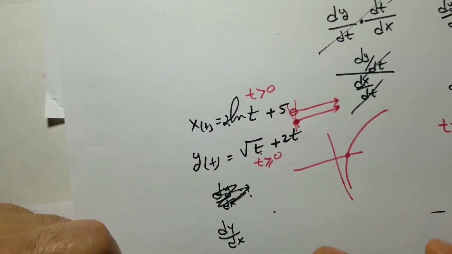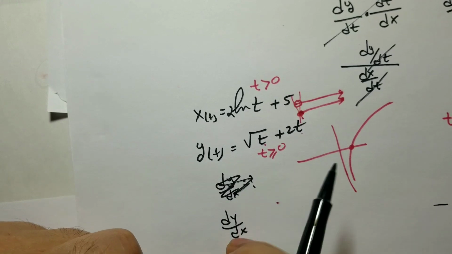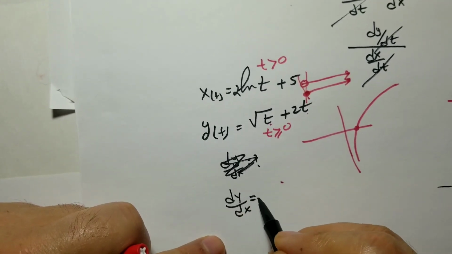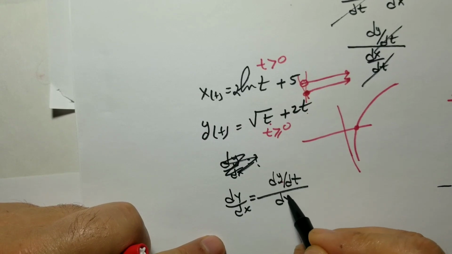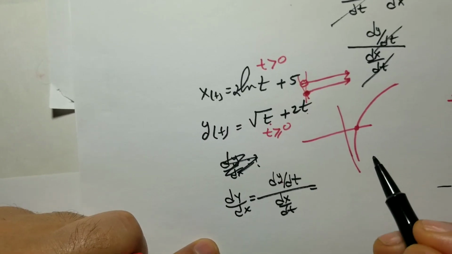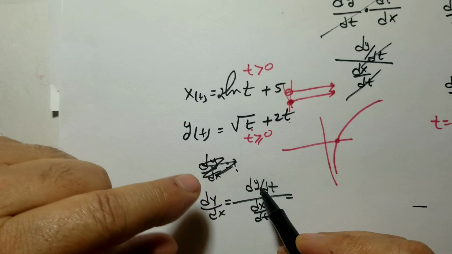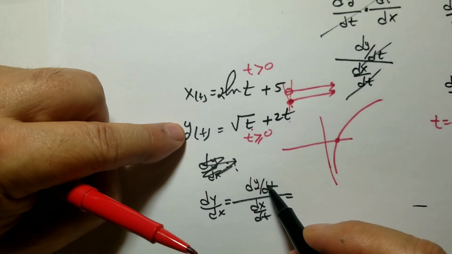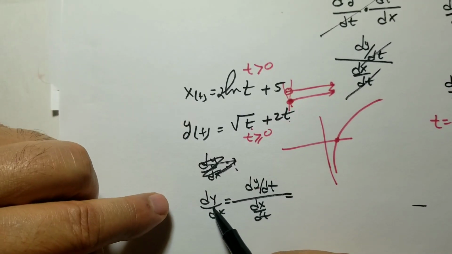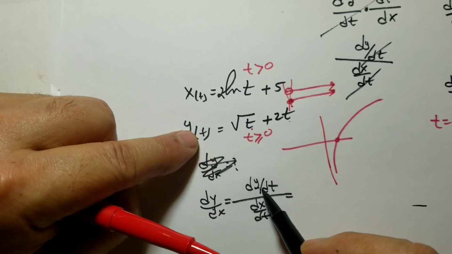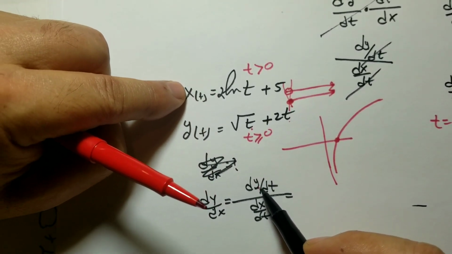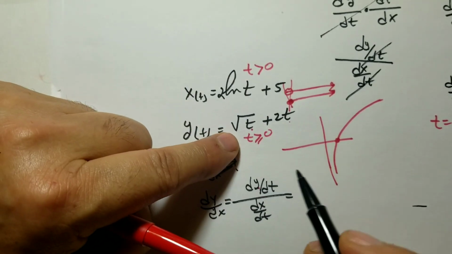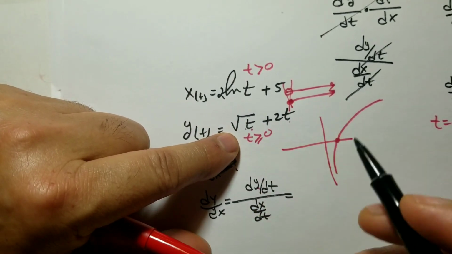dy dx is going to be a function of t again, because I need dy dt on the top and dx dt on the bottom. But remember, because it's a parametric equation, we always write the y second, but the derivative dy dt comes on the top. Students have an intention of putting dx dt on the top. No, this one right here. And what is the derivative of t to the power of 1/2?